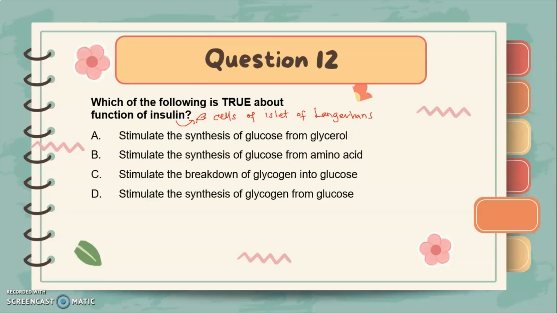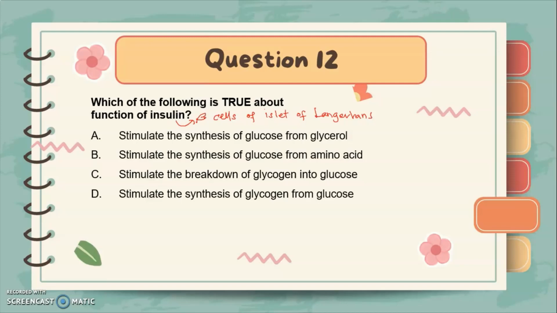Kemudian respiration in the liver and muscle. Dan yang ketiga adalah liver and adipose cell convert glucose to fat. So all of them, the rate of the process occur increase because of adanya insulin.